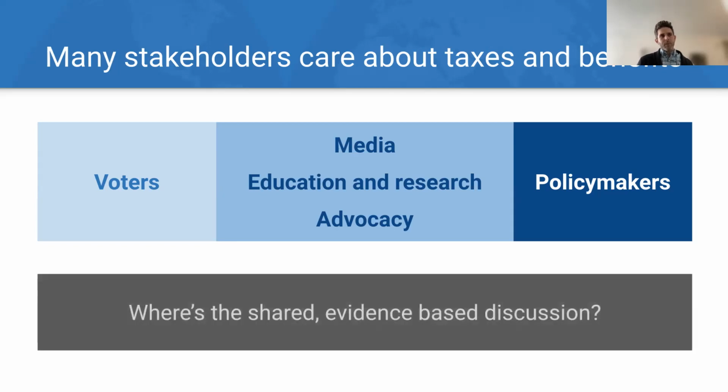But we've really seen that there's room for improvement in terms of a shared, evidence-based discussion around that. Especially connecting these policies from the individual impact all the way up to the macro impact, and helping everyone from individuals exploring the policies to policymakers actually defining them, having that all have a consistent quantitative lens.